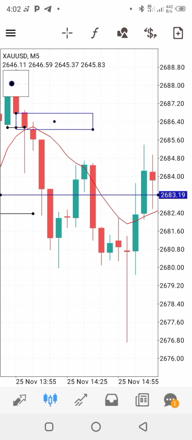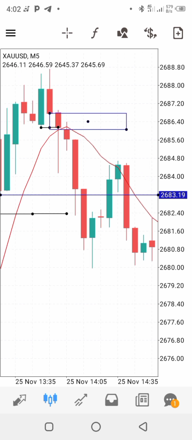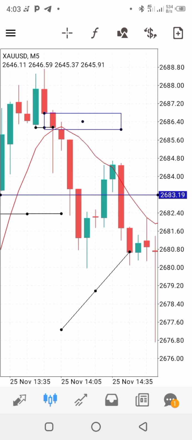Between this series of three red candles that broke down the structure, you can see 1, 2, 3, series of red candles. Between these two candles, this is what we call imbalance. The low of this candle and the top of this third candle, there is a gap there.